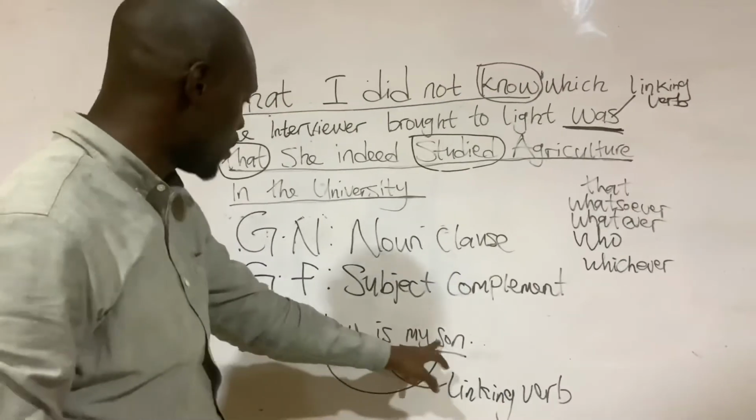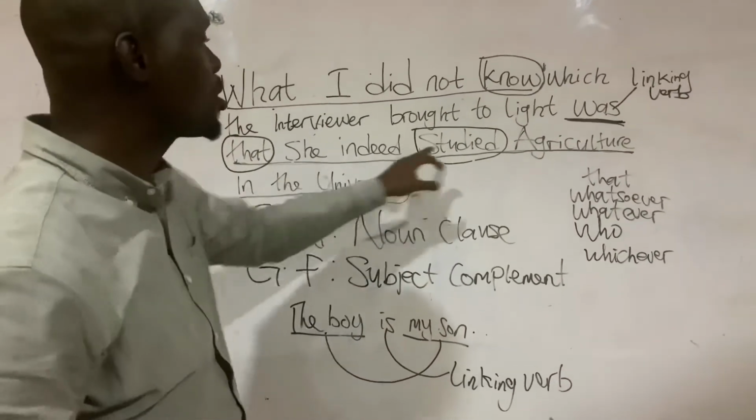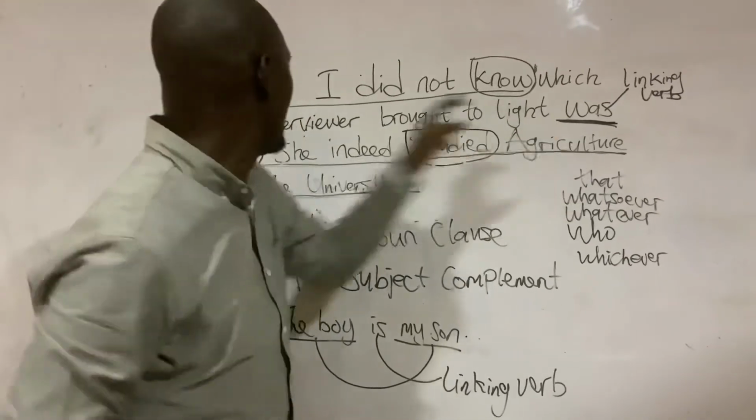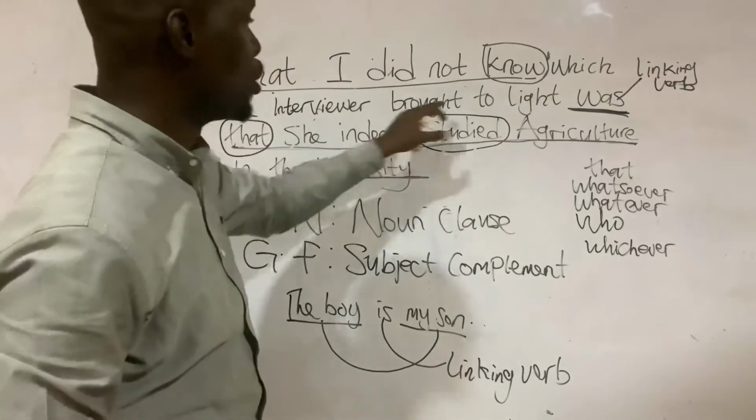So I can say my son is the boy. The same way I can say that she indeed studied agriculture in the university was what I did not know, which the interviewer brought to light.